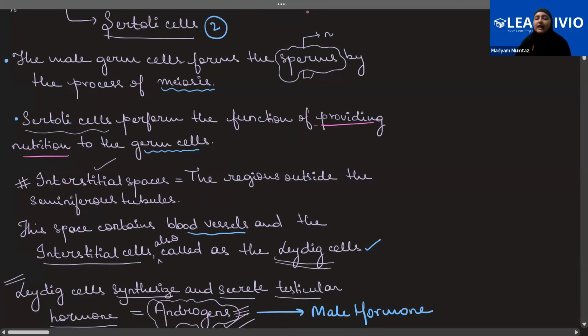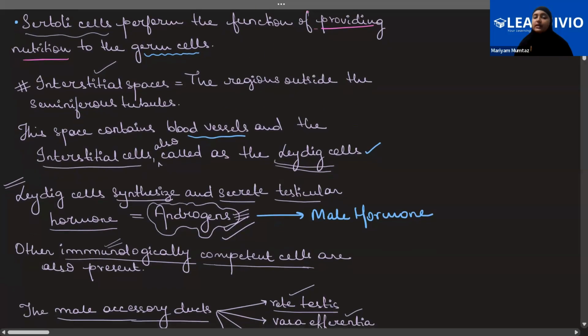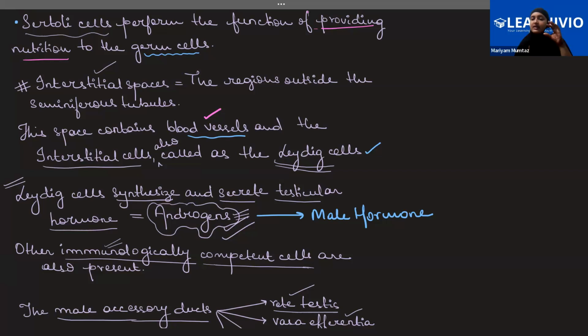Okay. Now there are interstitial spaces. See, the region outside the seminiferous tubule, which is present on the outer area, is known as the interstitial spaces. Now, what does this space contain? It contains the blood vessels and another type of cells known as Leydig cells.